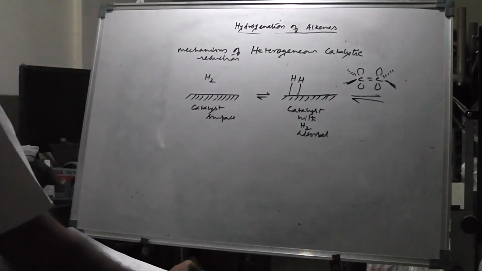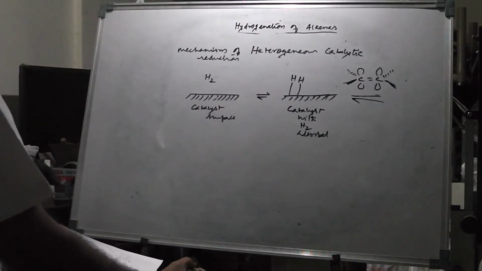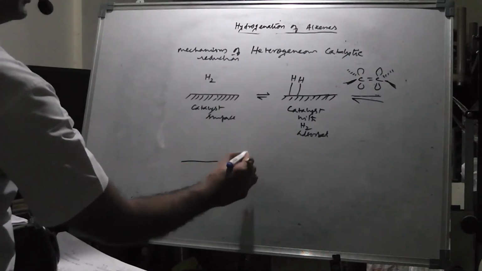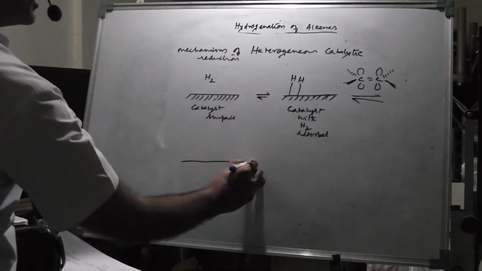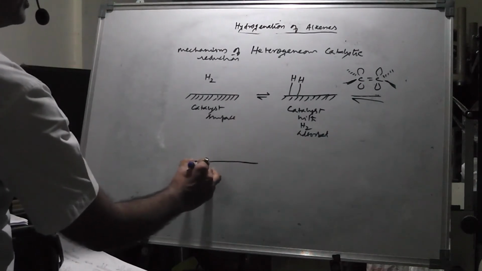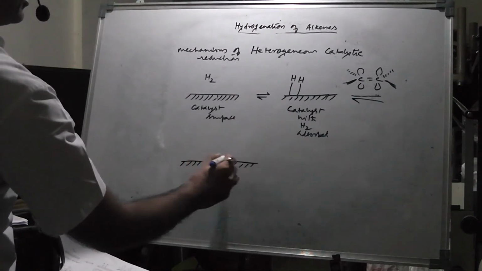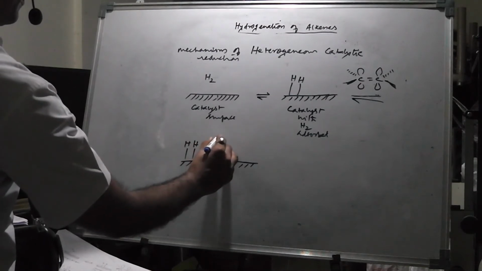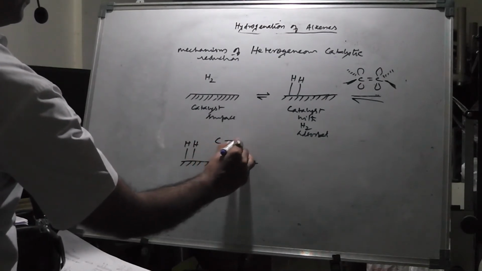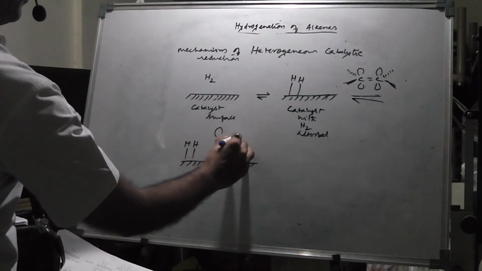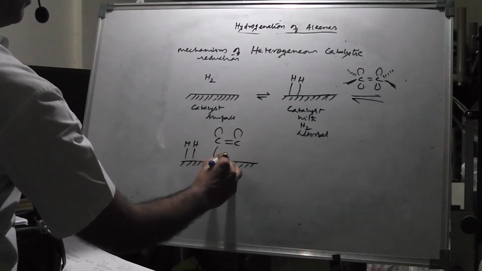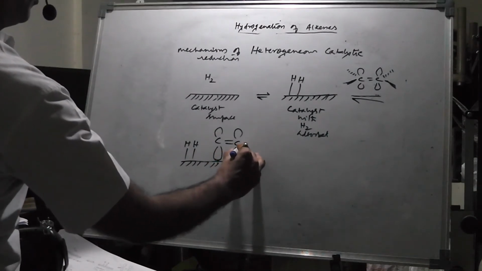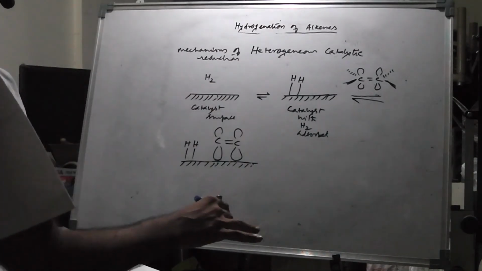Already hydrogen is there on the metal surface, and the alkene will come and sit over the metal surface.